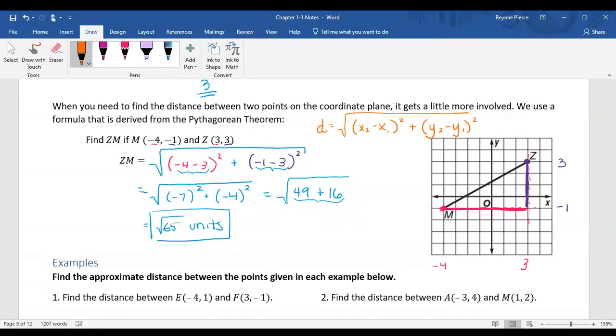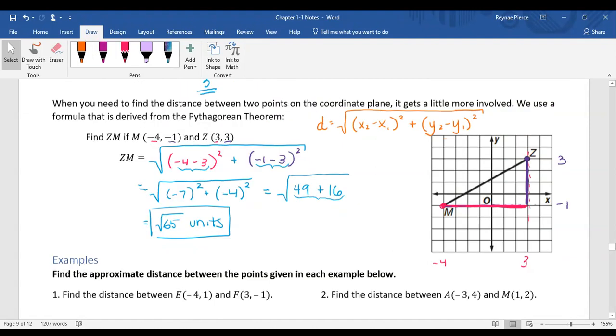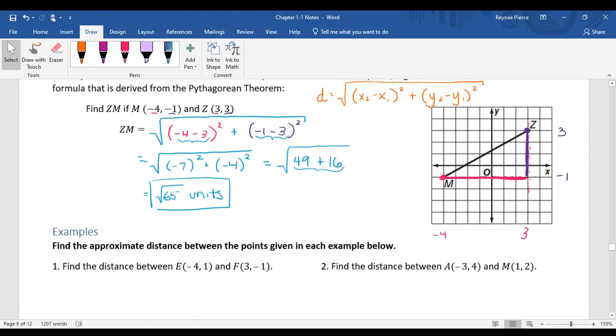That's a lot of math words. We find the difference of our x coordinates, square it, find the difference of our y coordinates, square that, add those together, find the square root. This is a formula that you will have on a test. You don't have to memorize it.